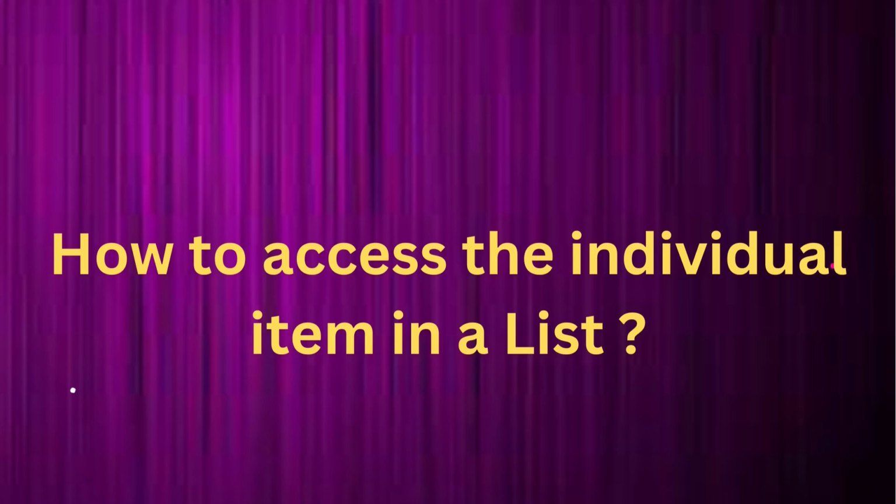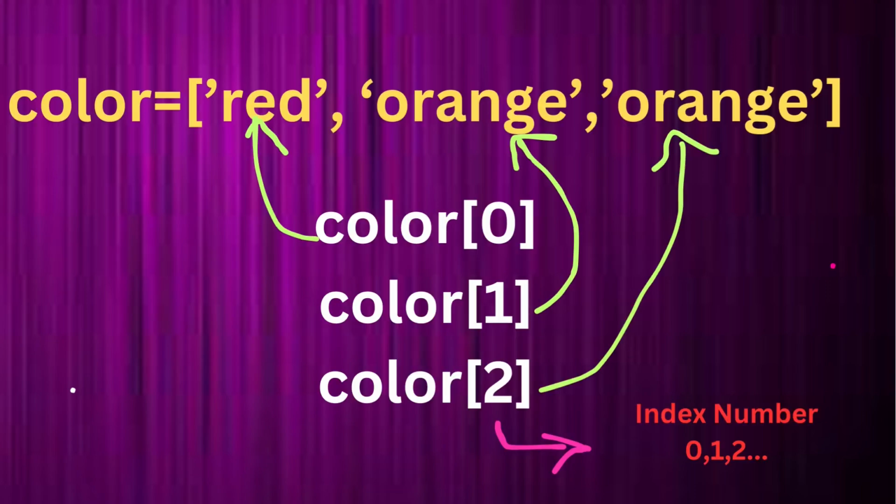But what if we have to access each value from the list individually? In order to do that, we have index positions. Lists are ordered, so every value in the list has an index number or a position. The index position in a list starts from 0, not 1.